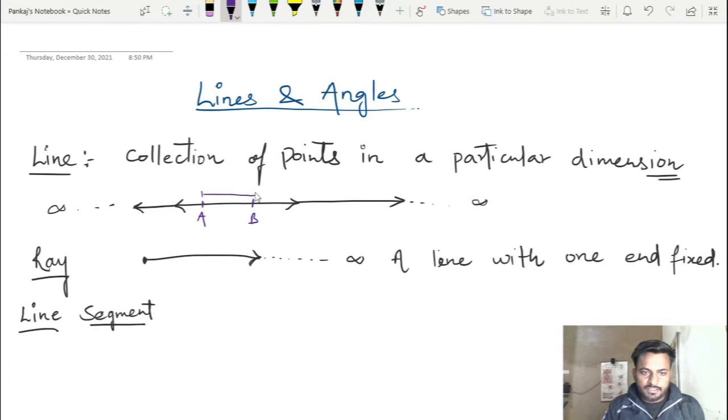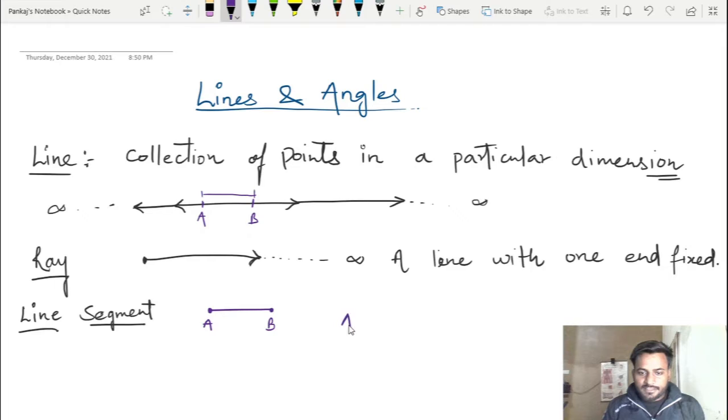If we take this part, it has both ends fixed, meaning it cannot be extended from this end, as well as from this end, so its length is fixed. A line is of infinite length, whereas a line segment is bounded between 2 points.